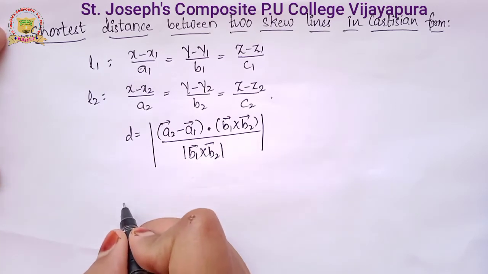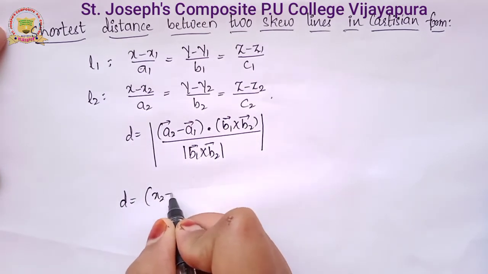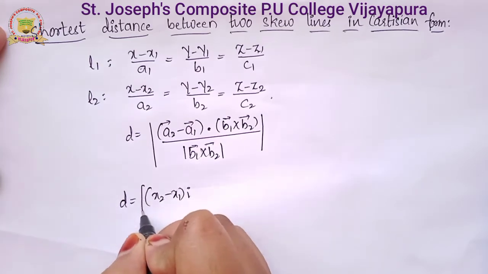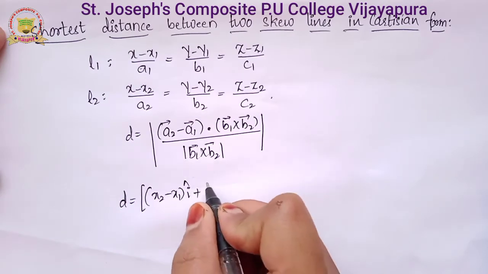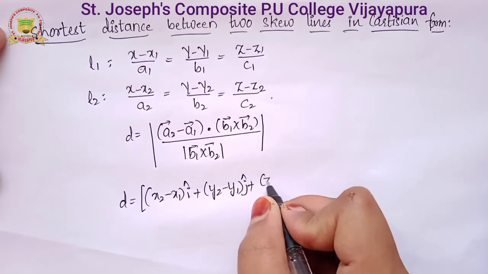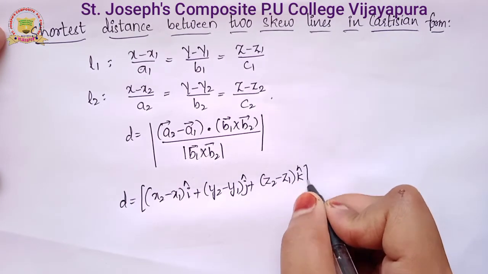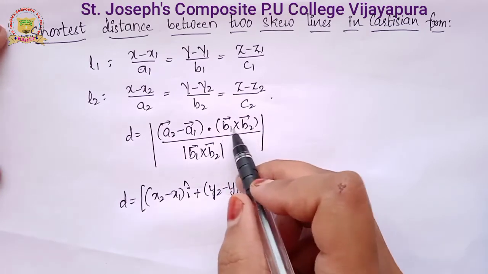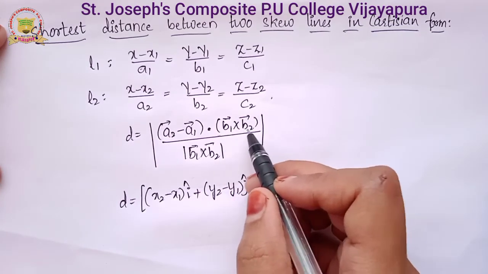You will get D is equal to x2 minus x1 i vector plus y2 minus y1 j vector plus z2 minus z1 k vector, that is unit vectors we are taking, dot b1 cross b2. We know how to calculate the b1 cross b2.